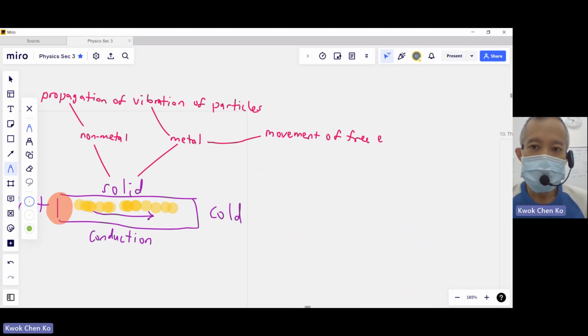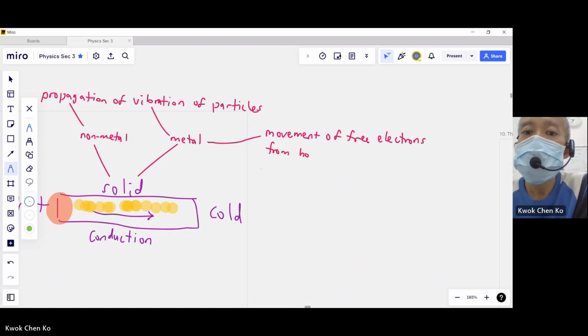In this case, the electrons actually move from hot to cold region. They actually move.